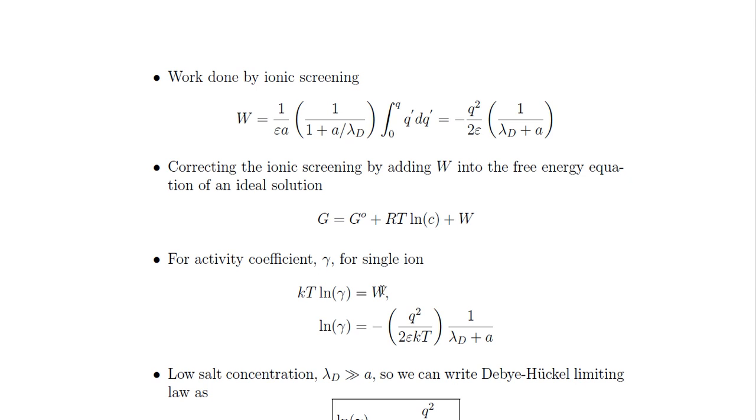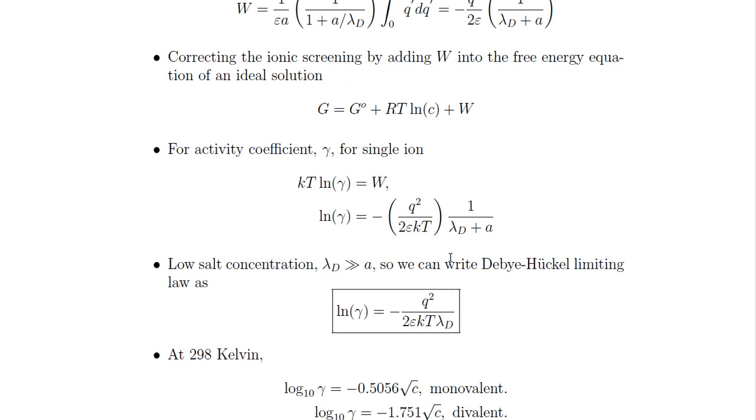So W equals kT ln gamma, and putting this equation into this equation, we have ln gamma equal to minus this equation.